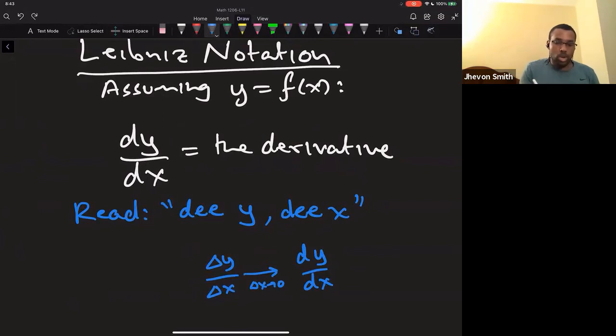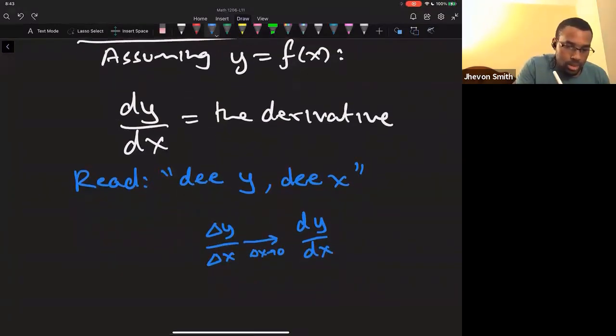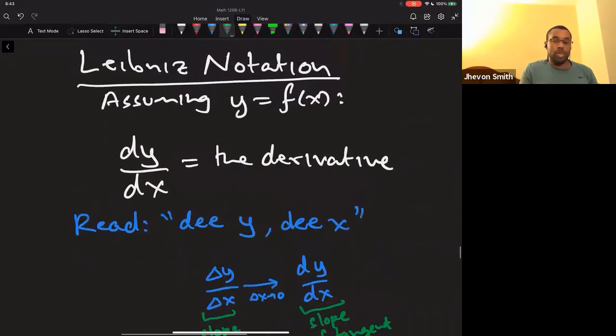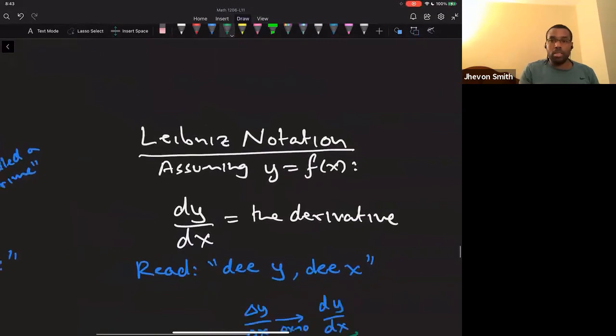So this is the slope of the secant line. This is the slope of the tangent line. This is called Leibniz notation.